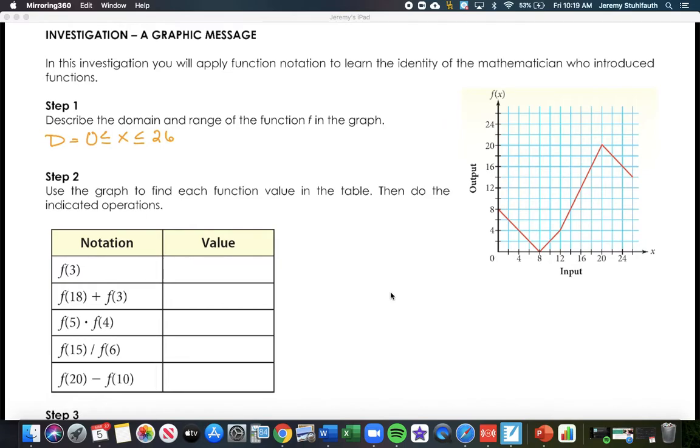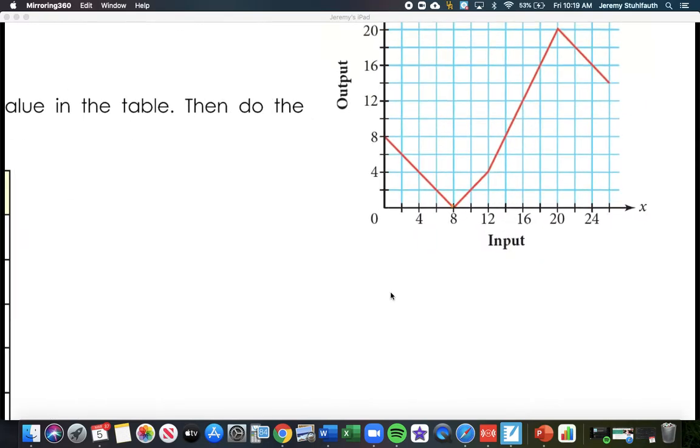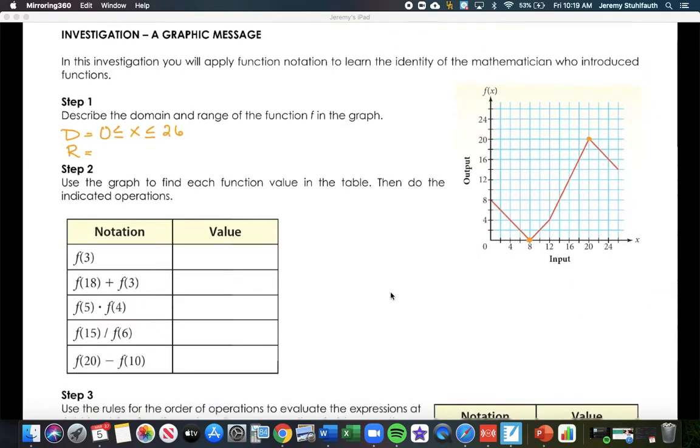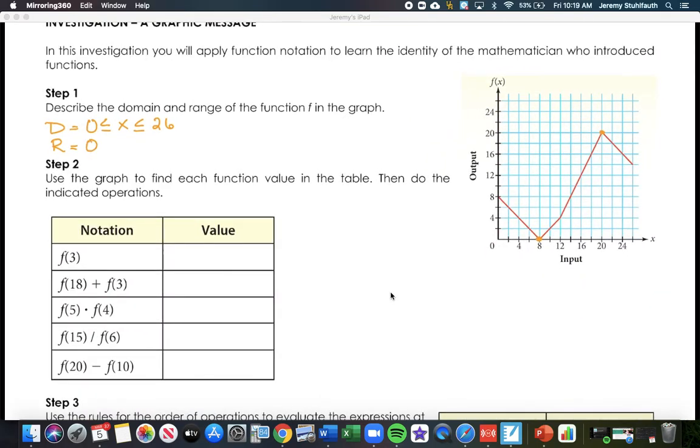So 0 and 26 are both inclusive because you have those points on the graph. And then our range: you'll see that the lowest y value is 0, the highest y value is 20. So our range is going to be 0 inclusive to 20 inclusive.